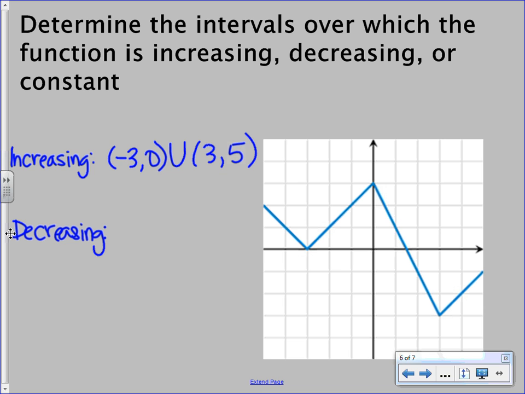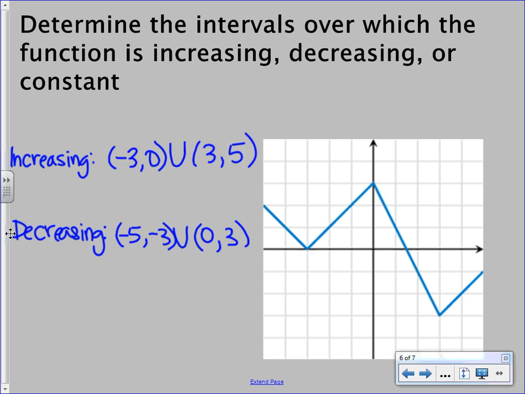So where are we decreasing? Where's the first piece of our domain? -5 to -3. Also, we are decreasing from 0 to 3. It's always the pieces of the domain.